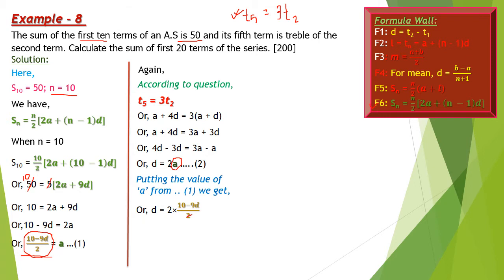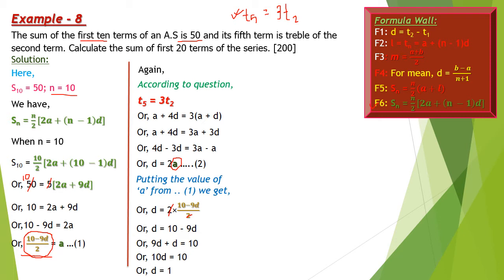We can cancel 2 and 2, so d is equal to 10 minus 90 plus d is equal to 10. 90 from the right hand side will come to the left hand side, and its sign will be changed. Now we have the value of d as 1.